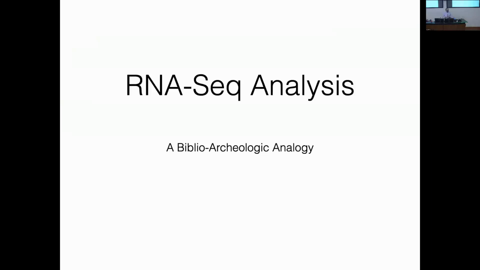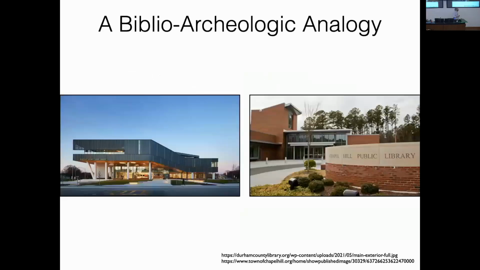Imagine that we're archaeologists in 10,000 years from now or something like that, and we're studying these great ancient cultures that were in the city of Durham and Chapel Hill, North Carolina, and we're trying to understand the societies in those great cultures.